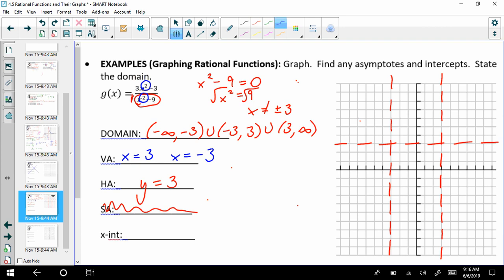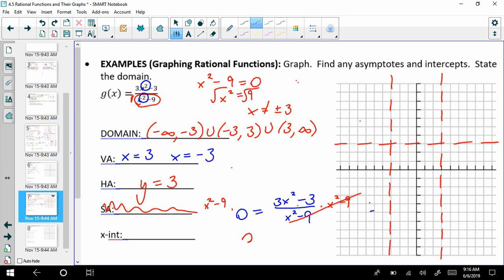And now I would like to find the x-intercept. So we're going to set our function equal to 0 and solve. So now how do we solve this? Well, the first thing I would do to cancel out this division, we can multiply. So they cancel.